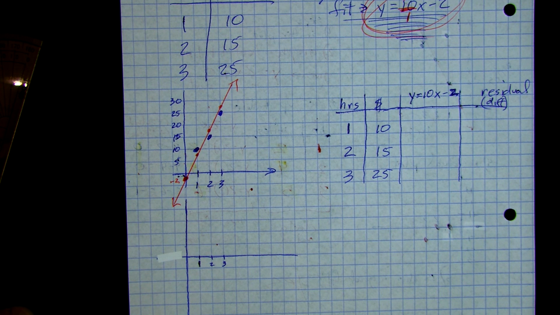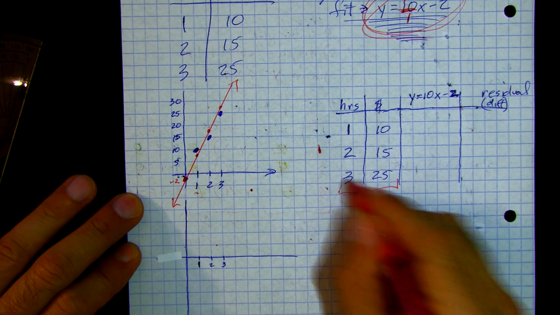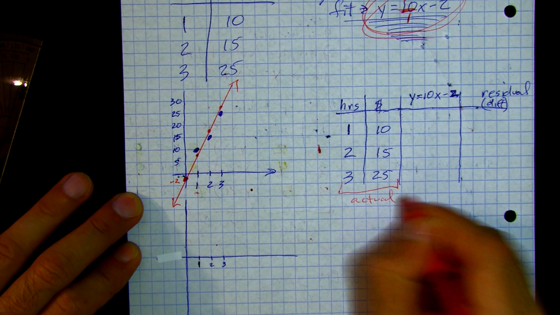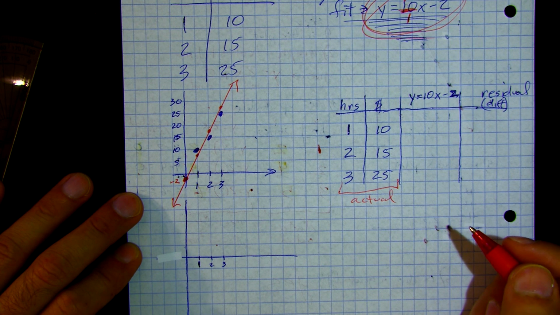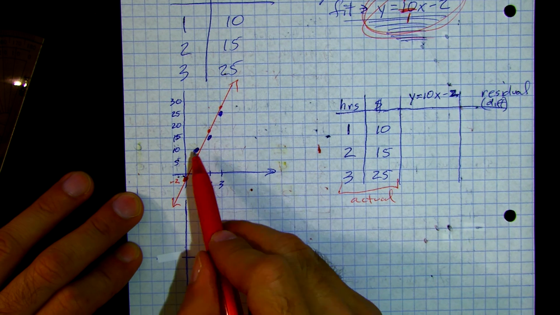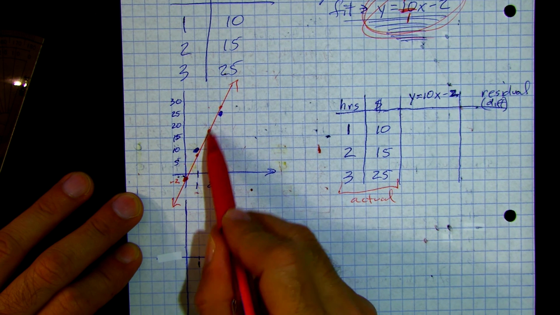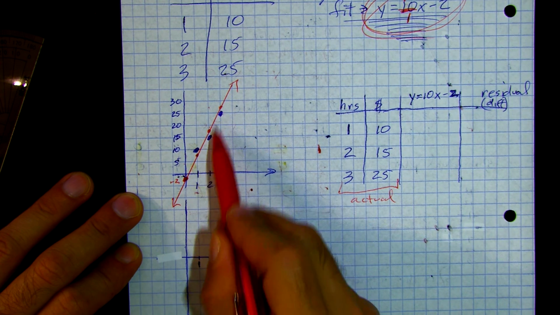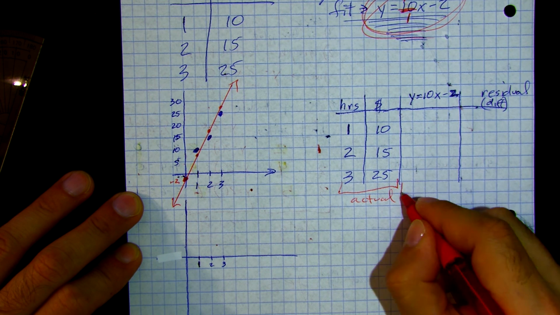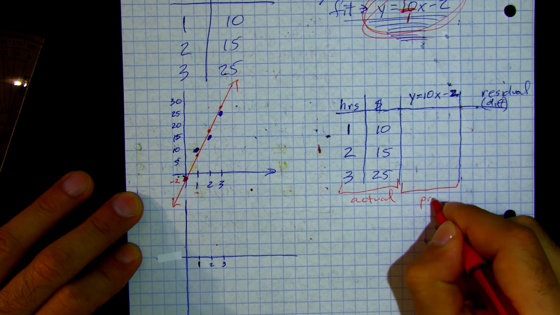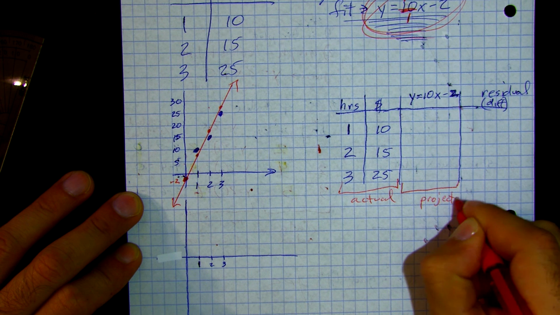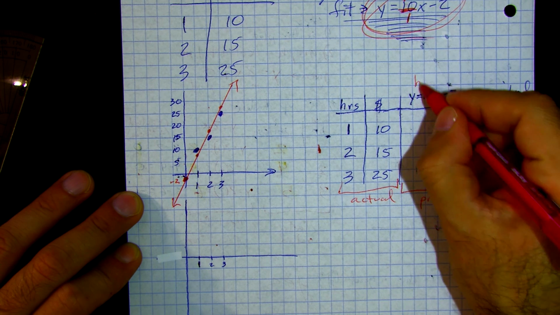All right, so now think about this. Remember, this is the actual, right? That's actually how much money I have in my pocket. Those are the blue scatter points here. Now, this right here is going to be the projected, because this is our best fit.